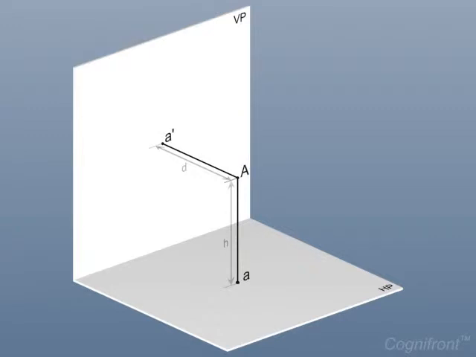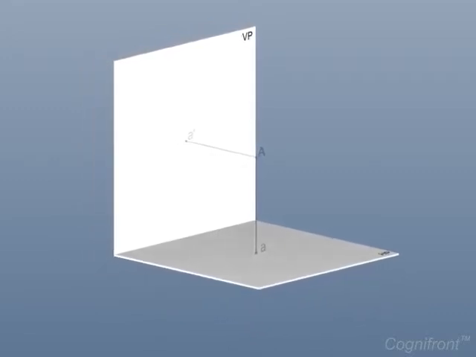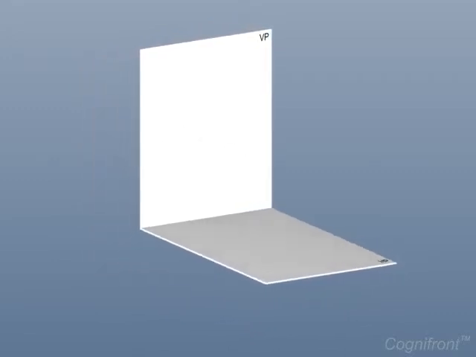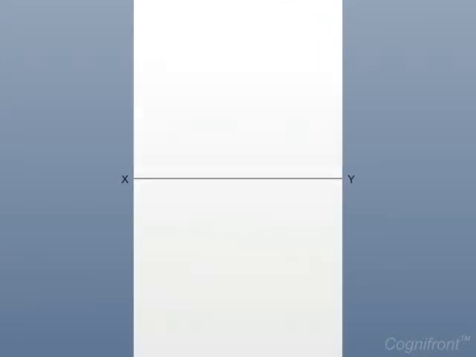So, let's draw this projection onto a paper considering the HP is rotated in the clockwise direction by 90 degrees so that it becomes coplanar with the VP. For this, draw a horizontal reference line XY.